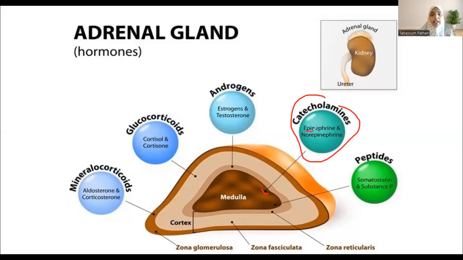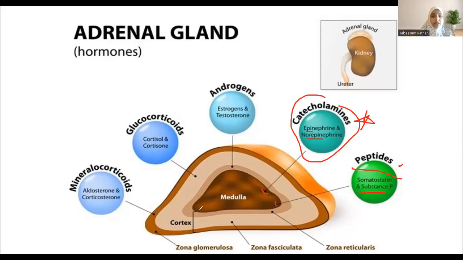That is adrenaline and noradrenaline. Another name is epinephrine and norepinephrine. And there are also peptides, that is somatostatin and substance P. This you can ignore. Majorly, epinephrine and norepinephrine are important with respect to the medulla. These are the small substances in the form of peptides which are secreted by the medulla of the adrenal gland.